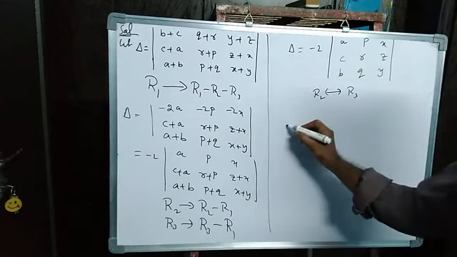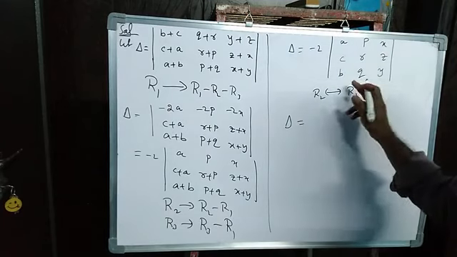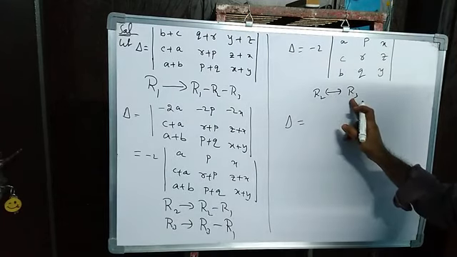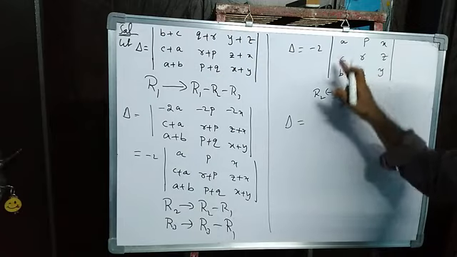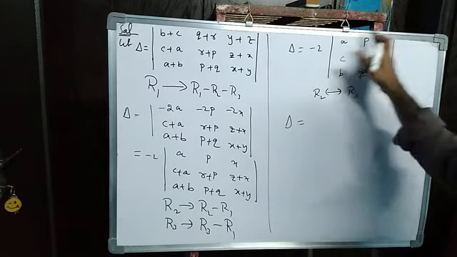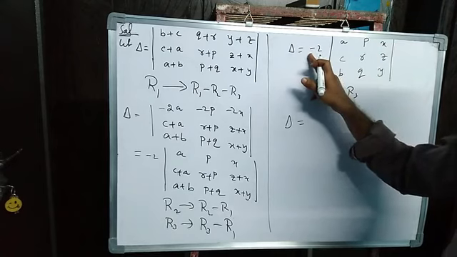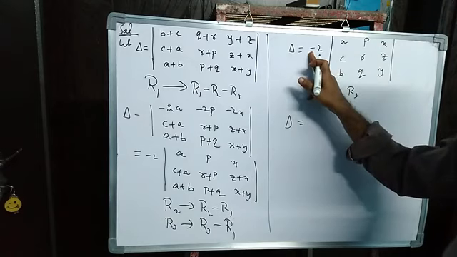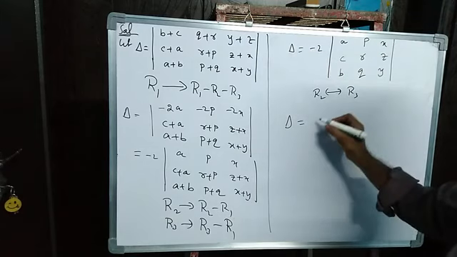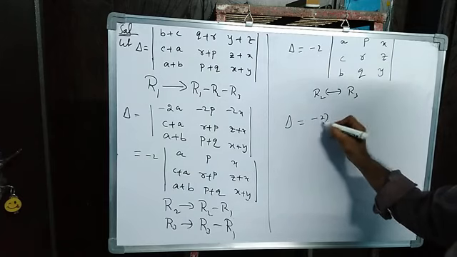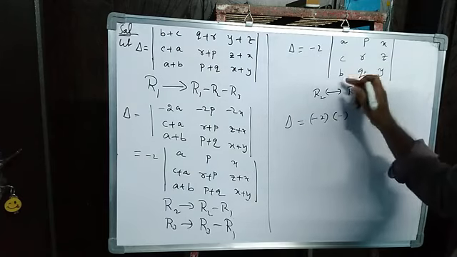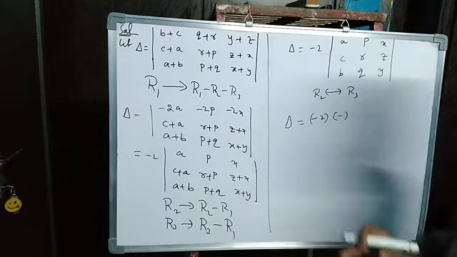So R2 interchanges with R3, what will we get here? Whenever you interchange two rows or two columns, the sign of the determinant will be changed. So actually it is minus. Minus 2 into, that means when we are interchanging, one more minus we will get.